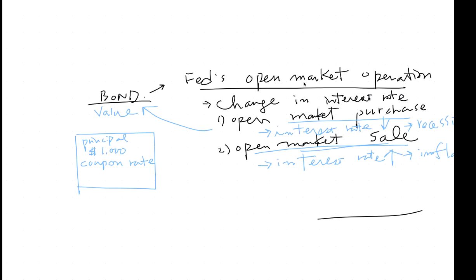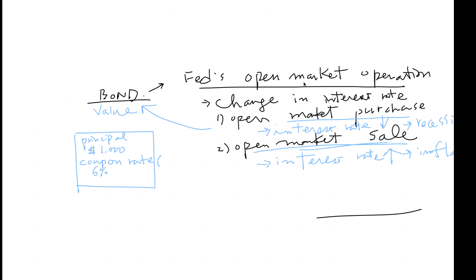How do we know that? Because lenders receive 60. The coupon payment is 60, so the interest rate of 6% is the coupon payment of $60. So we know that 6% is the coupon rate. And the third thing is maturity. When this bond matures, the borrower should pay back the principal.